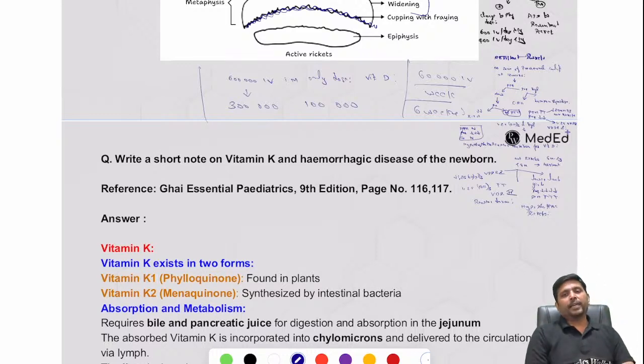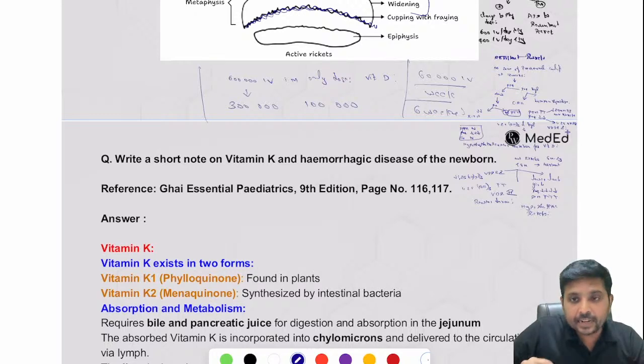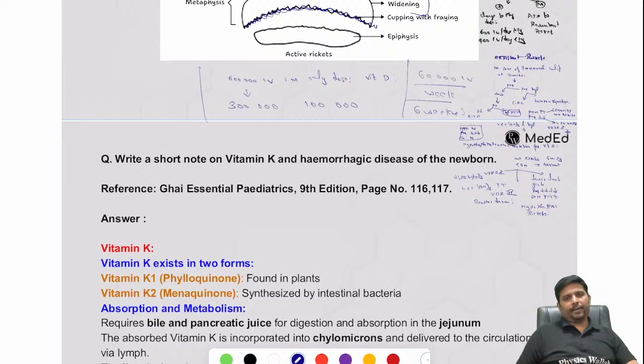What is vitamin K? In the same way as vitamin D, breast milk does not contain adequate vitamin K. As a result, all exclusively breastfed infants immediately after delivery should be given a dose of vitamin K. 1 milligram for children more than 1000 grams and 0.5 milligram for children less than 1000 grams is mandatory.